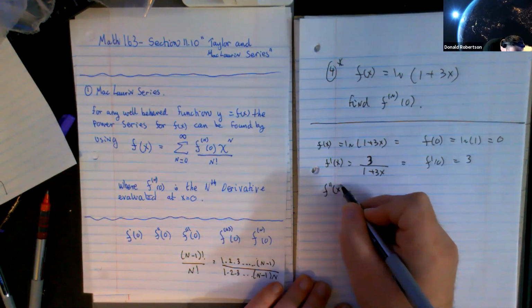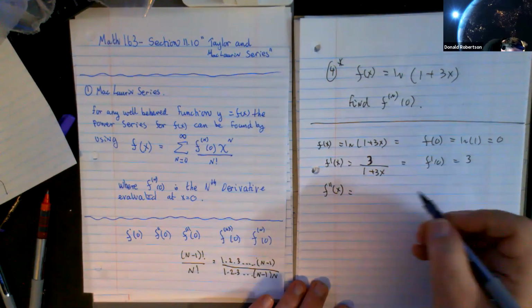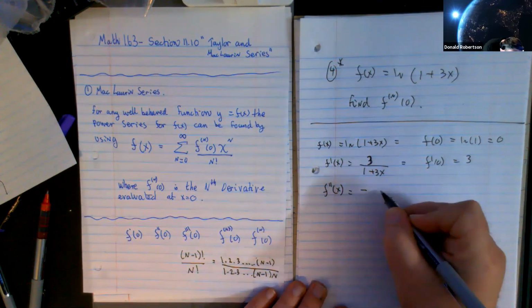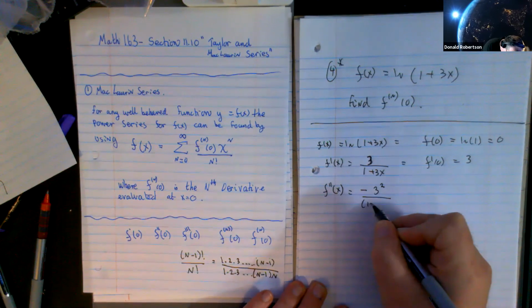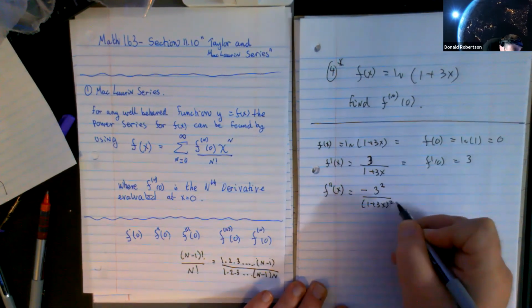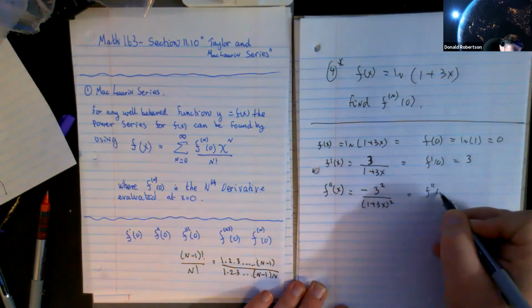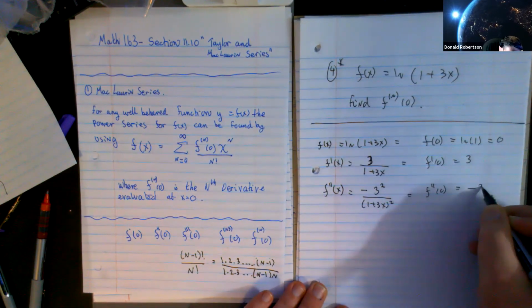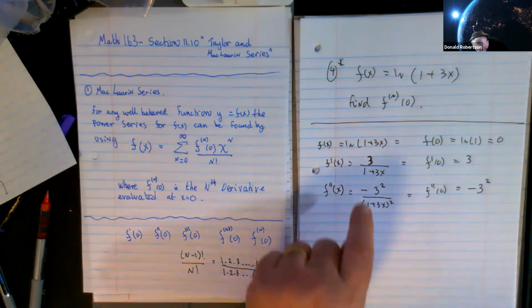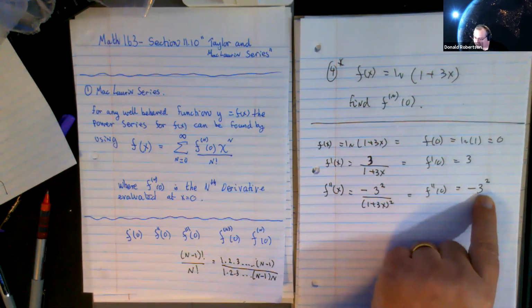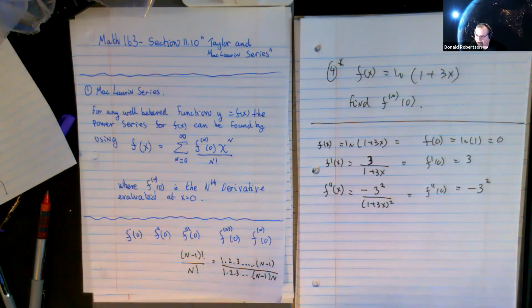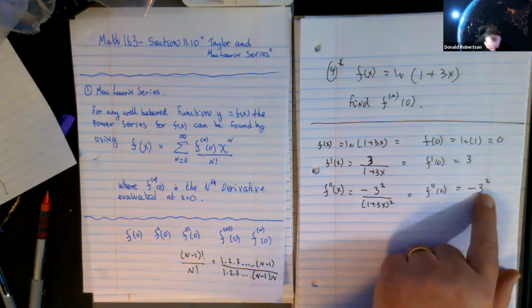If you do the second derivative, and you're going to just have to trust me on here, you get negative 9, but I'm going to call it negative 3 squared over (1 plus 3x) squared. And if you evaluate this at 0, you get negative 3 squared. It is a good idea when you do these questions not to do the calculation. So if the answer is 9 and you got it by 3 times 3, it's better if you leave it like this.